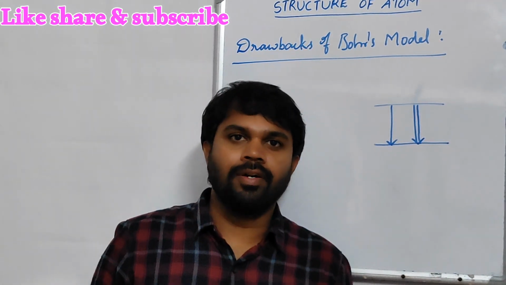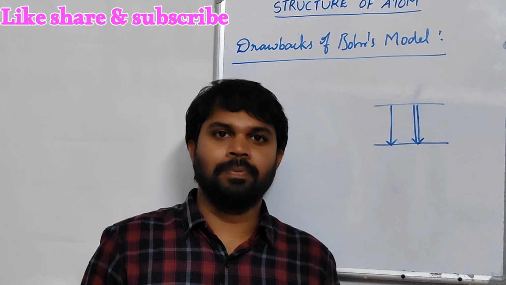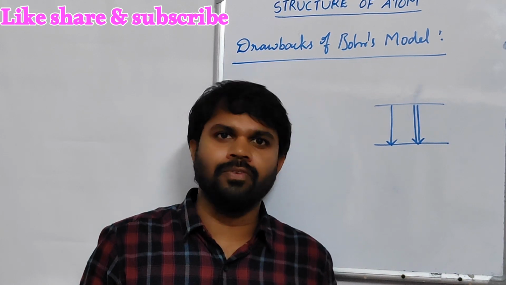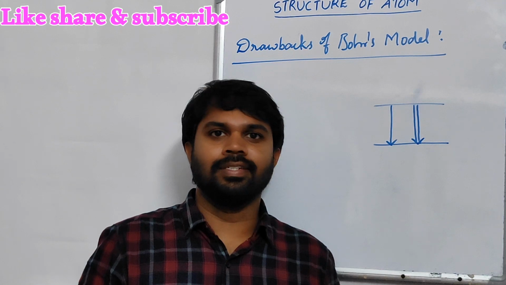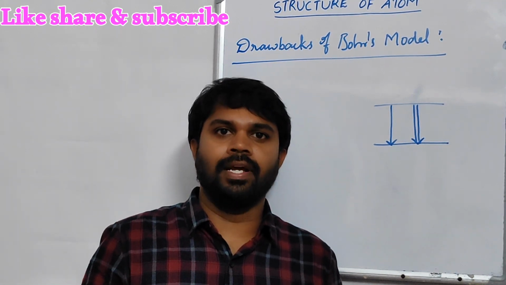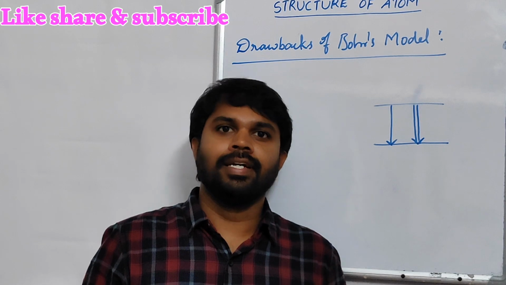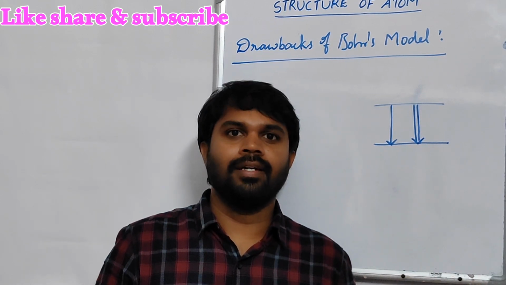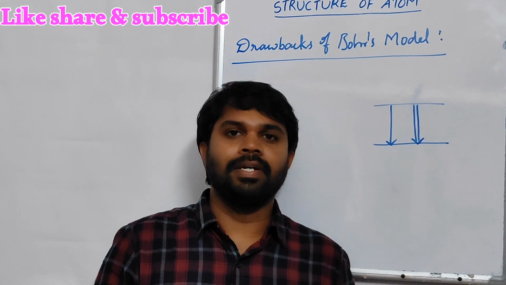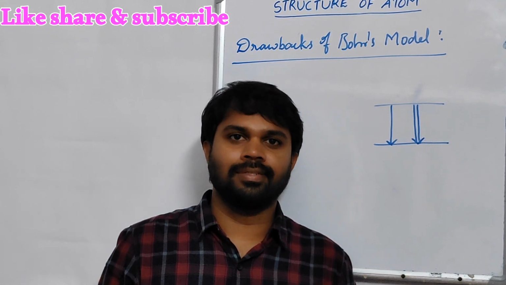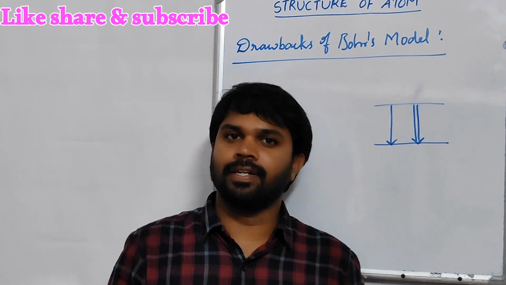And the third drawback is it failed to explain the Zeeman effect and Stark effect. Now the question is, what is the Zeeman effect and what is the Stark effect? Let's see. The Zeeman effect is the splitting of spectral lines of an atom into a group of lines in the presence of a magnetic field. And the Stark effect is the splitting of spectral lines of an atom into a group of lines in the presence of an electric field.